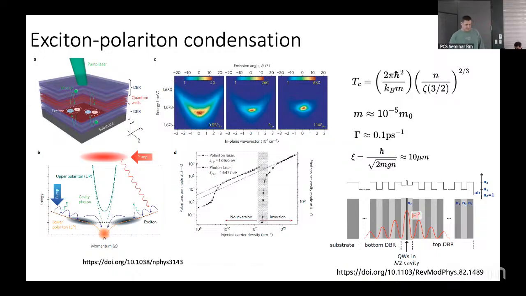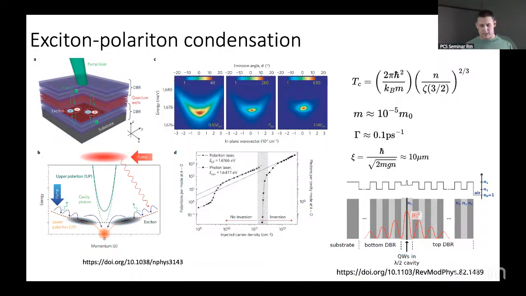To give a sense of that system, I can show you some typical numbers for polariton condensates. The temperature of polariton condensation is usually about a few kelvins. In our particular experiment, it was about 6 Kelvin.